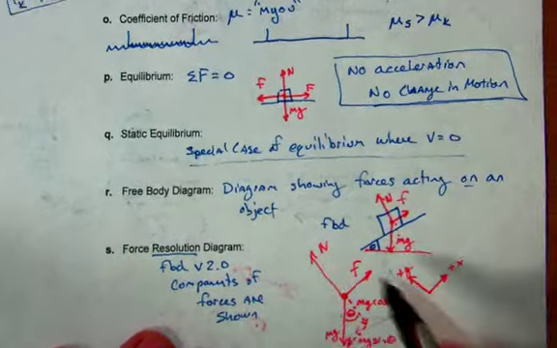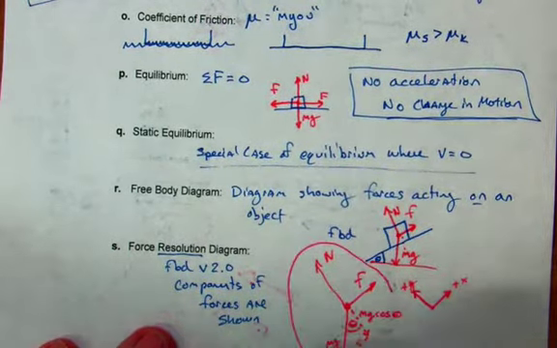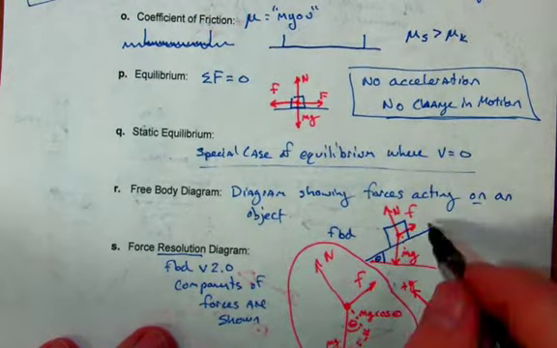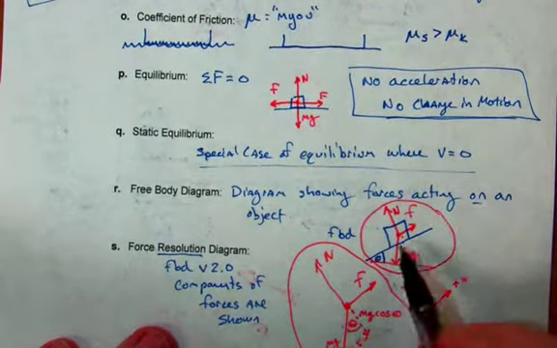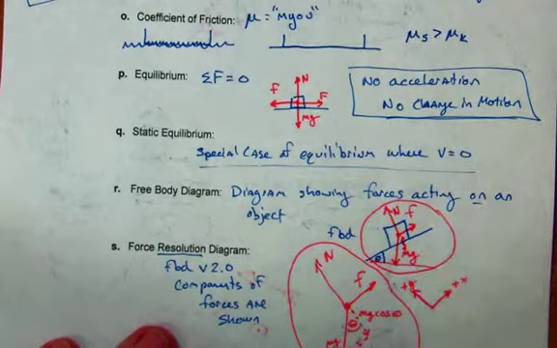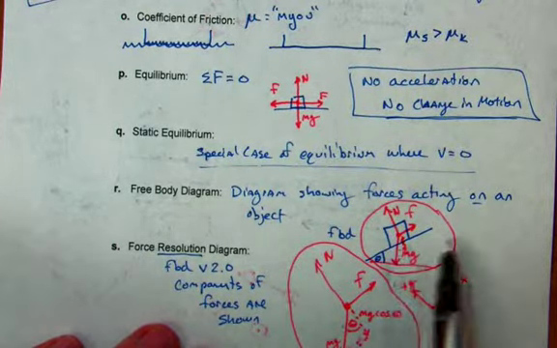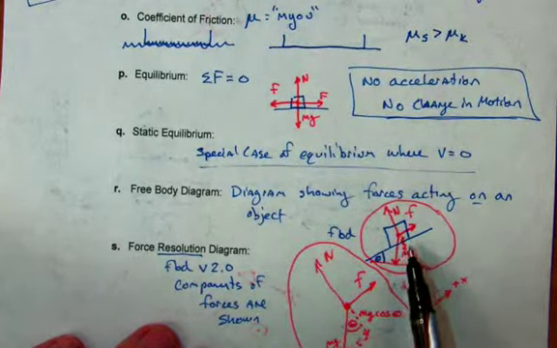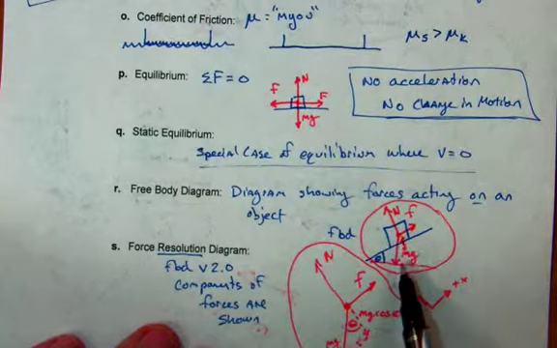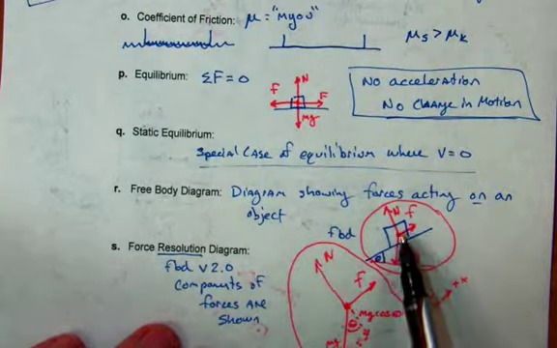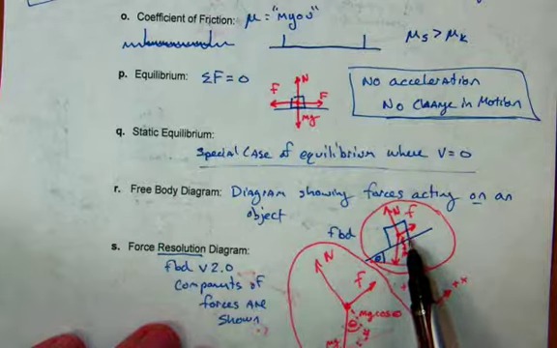Now, the reason that you have two different things, this is a force resolution diagram, this is a free body diagram, ignore that little dotted line, that's not there, is because on the AP exam, when they say they want a free body diagram, they do not want to see components of forces.